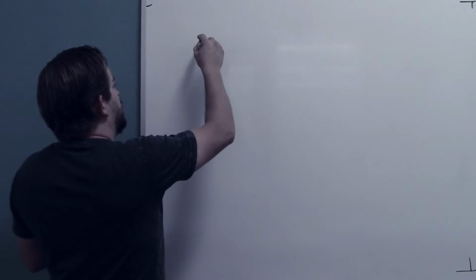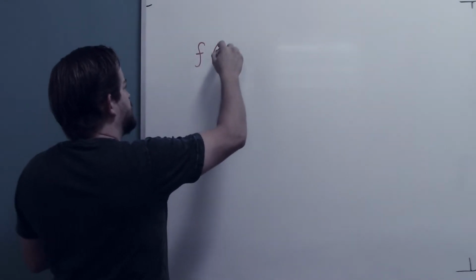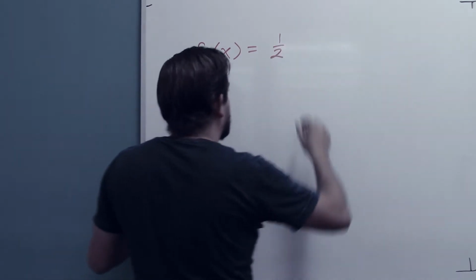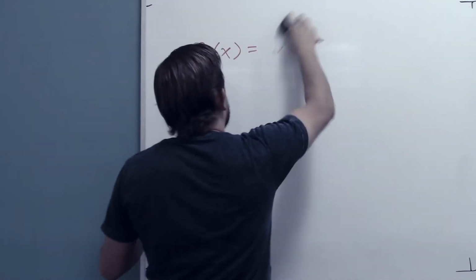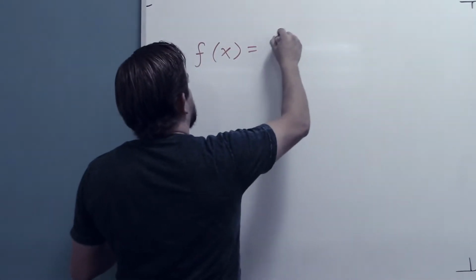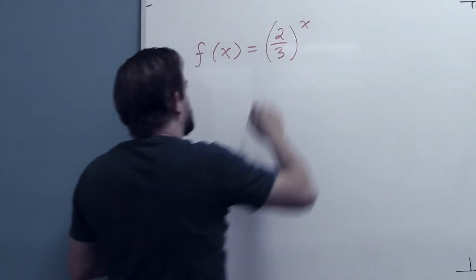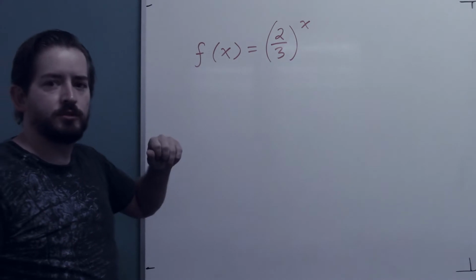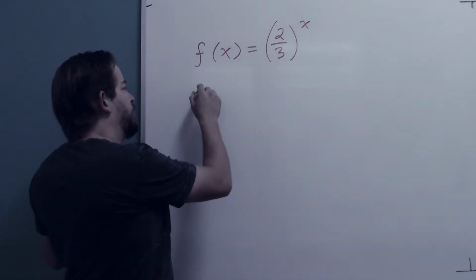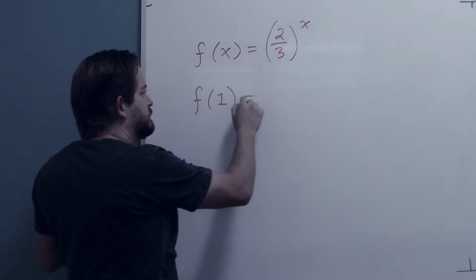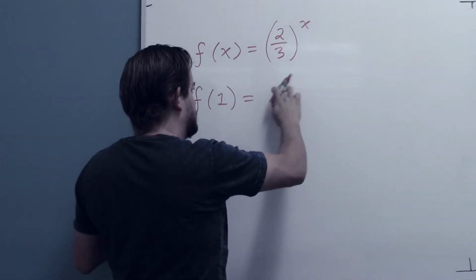They don't always give you beautiful things, like we might have a fraction. Let's do 2/3. f of x equals 2/3 raised to the x. So if I want to evaluate things like say f of 1, that's kind of dumb.